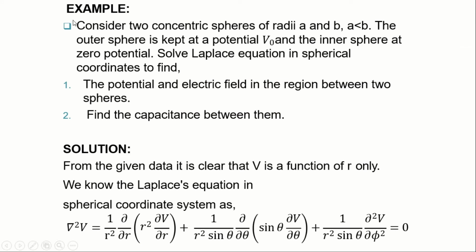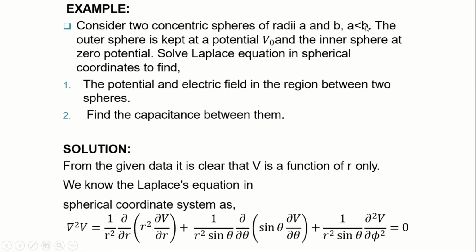So this is the example. First we have to go through the problem. What is given? Consider two concentric spheres of radii A and B, where A is less than B. B is the outer radius and A is the inner radius.